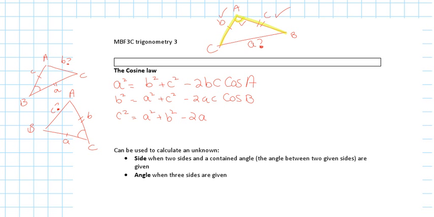AB cos C. All right. So again, these are the same formulas. We're just using different letters. Okay?